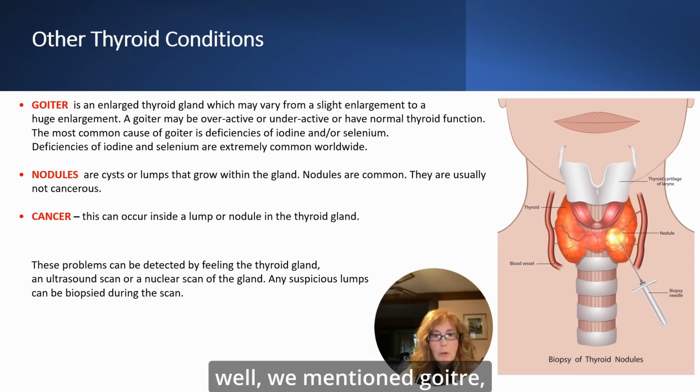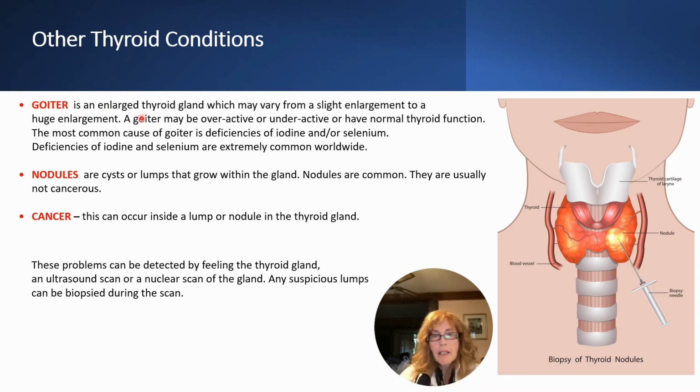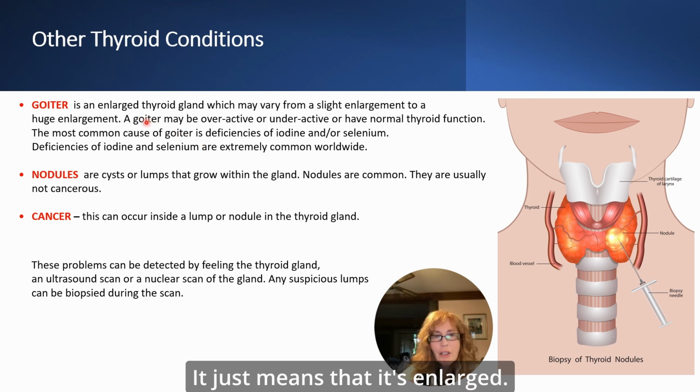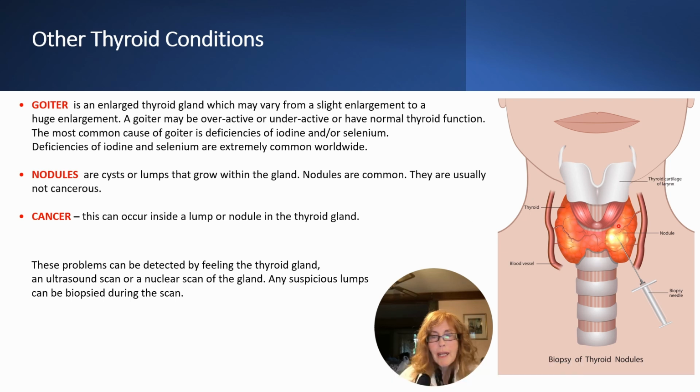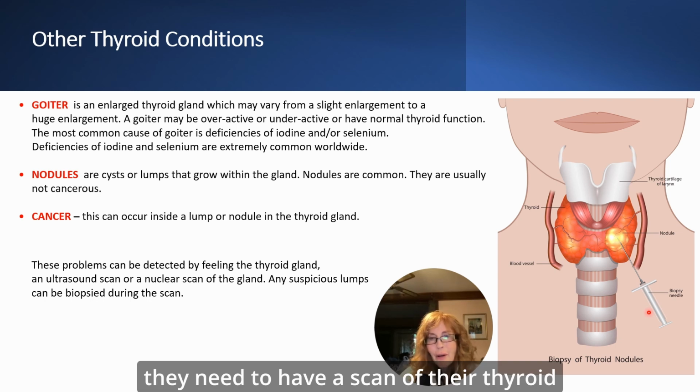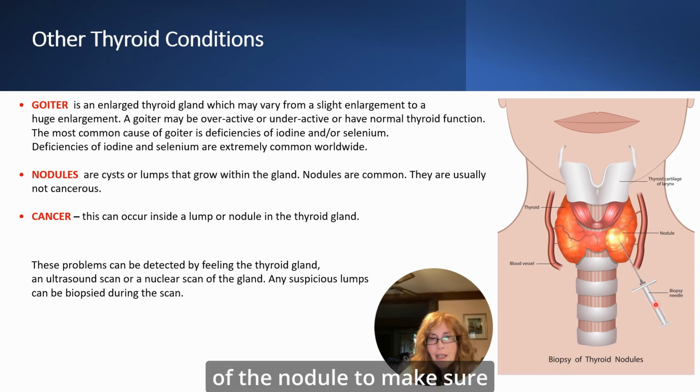Other thyroid conditions, well, we mentioned goiter, which is an enlarged thyroid, and that could be underactive, overactive, or normal function. It just means that it's enlarged. We could just have nodules, and you can see here there's a nodule there, which is being biopsied. So people with nodules need to have a scan of their thyroid and see a specialist who will organise a biopsy of the nodule to make sure it doesn't have cancer in it.